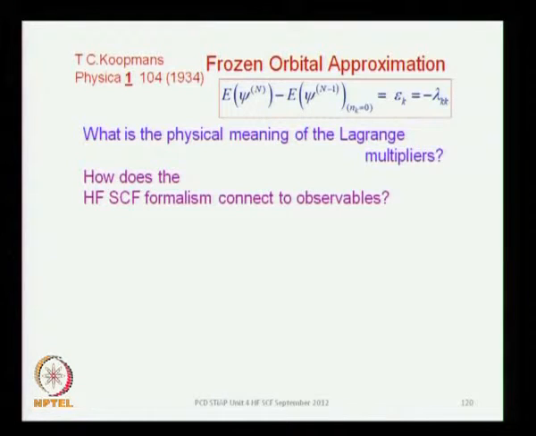So, let us discuss this connection with the experiment further, because within the frozen orbital approximation we found that the difference in the energy, if you produce a hole in the kth state, which is the ionization potential for the kth state, gives you the Lagrange multiplier, and you can therefore actually measure it.